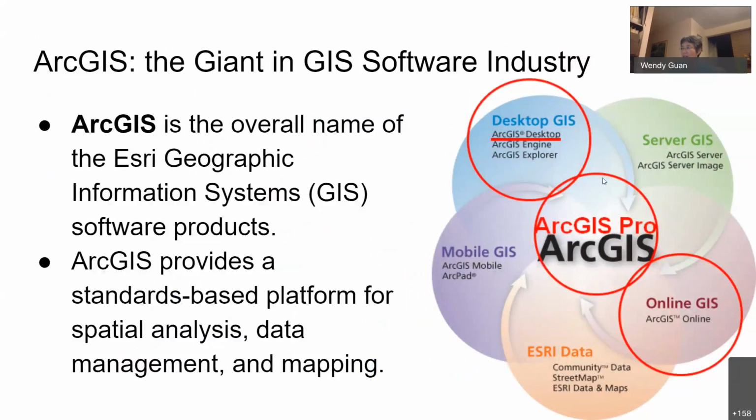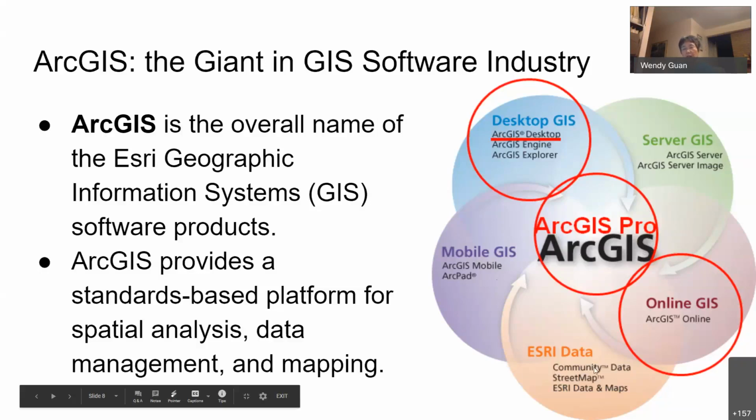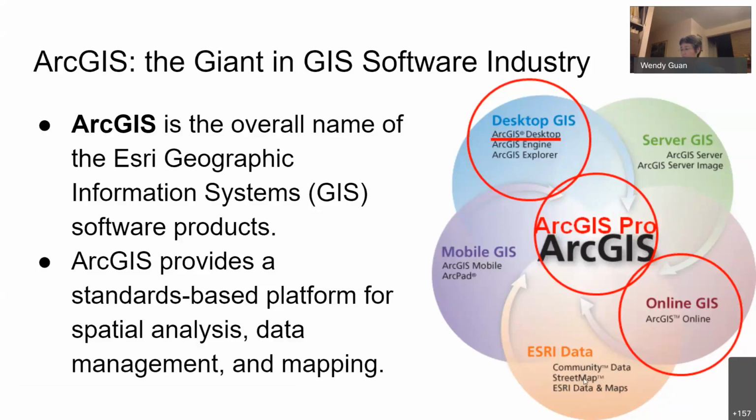And in the middle is the new generation desktop tool that bridges the traditional desktop analytical platform with the online platform. It's called ArcGIS Pro. Most of you probably are already familiar with it. And also there's the mobile, there's the server, there's the Living Atlas of the World, right? Many, many different components forming this ArcGIS family.